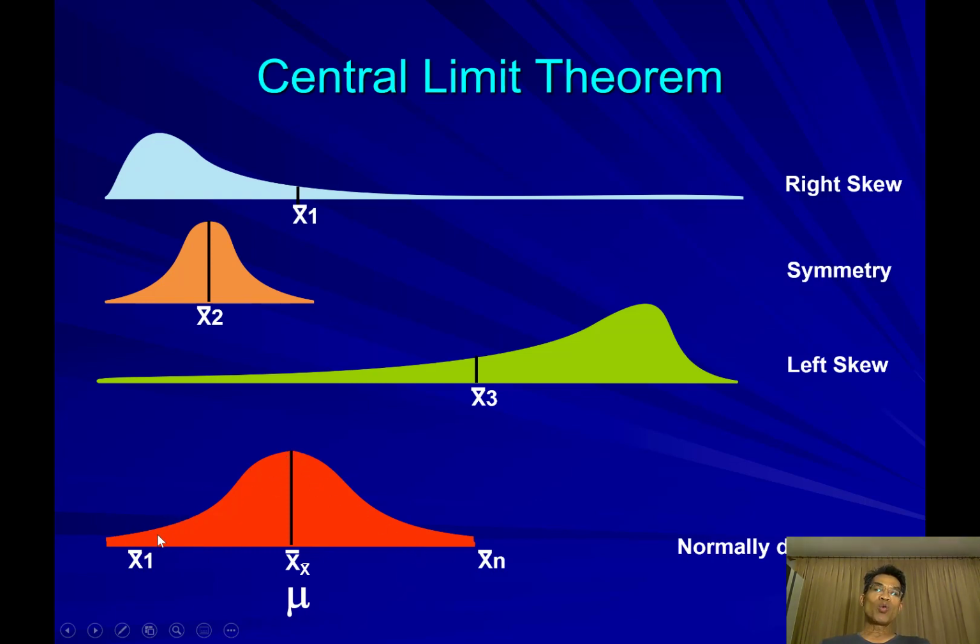It will always be distributed in a bell shape, or symmetrical, no matter how the raw data is distributed. The sampling mean will be distributed symmetrically, like a bell shape, or sometimes we call it the normal distribution.